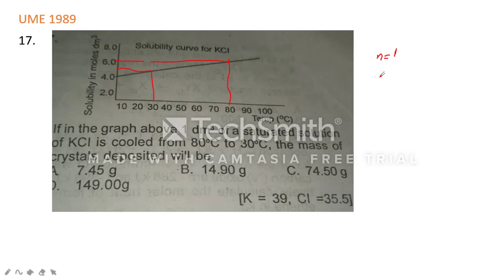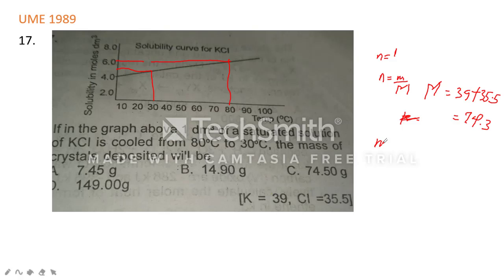Now, mole is mass over molar mass. So the molar mass is 39 plus 35.5, that is 74.3.